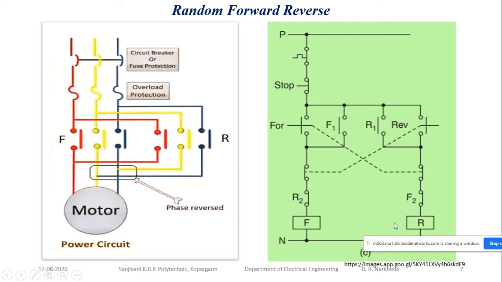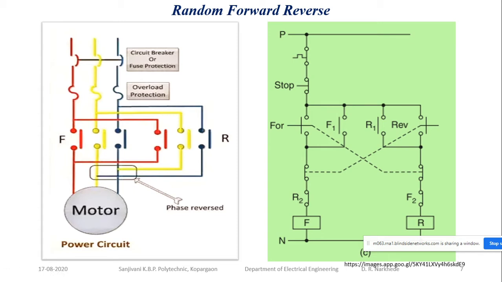The supply to the reverse contactor is disconnected, and the reverse contactor gets de-energized. Its R1 contact will open and R2 contact will close. As we have already pressed this button, the current flows through this path and the forward contactor gets energized. When the forward contactor is energized, F2 will open. This is how the random forward reverse works.